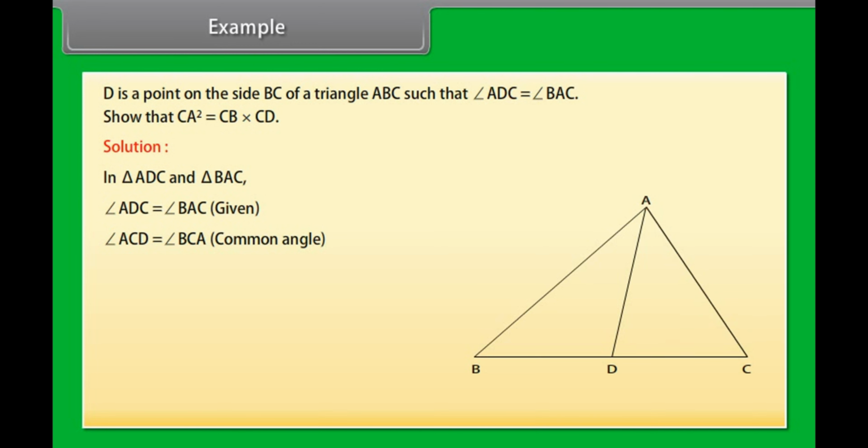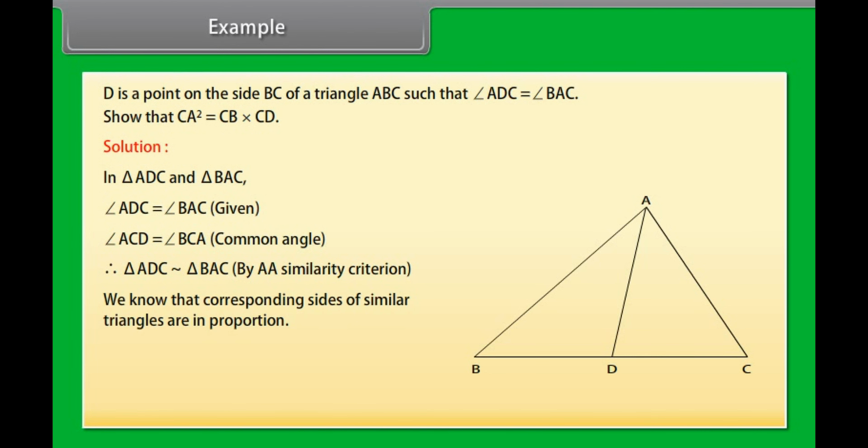Angle ACD equals angle BCA, which is a common angle. Therefore, triangle ADC is similar to triangle BAC by AA similarity criterion. We know that corresponding sides of similar triangles are in proportion. Therefore, CA upon CB equals CD upon CA, which implies CA square equals CB into CD.